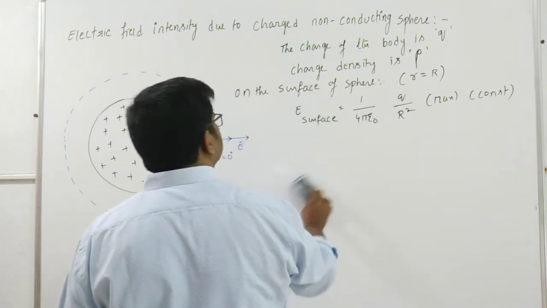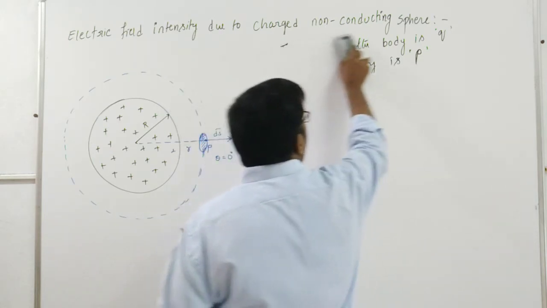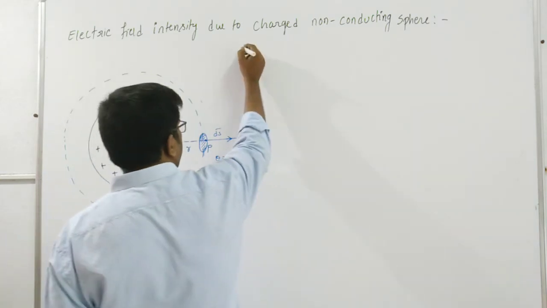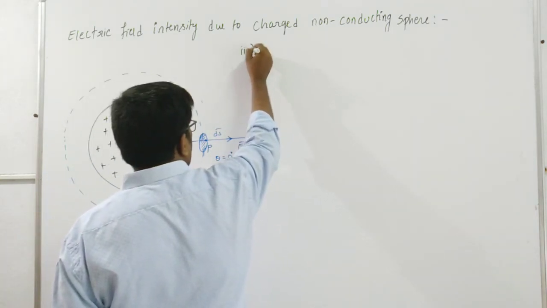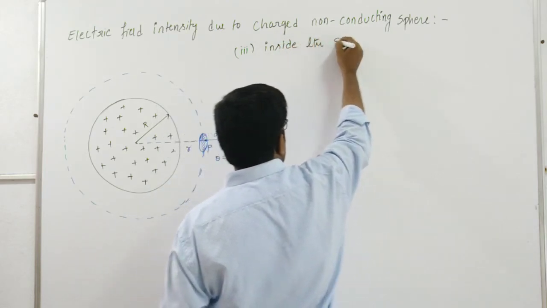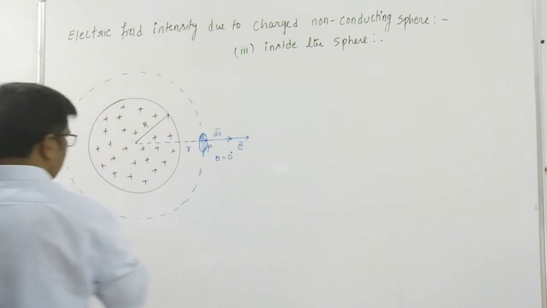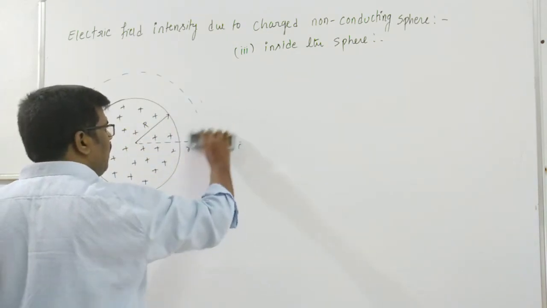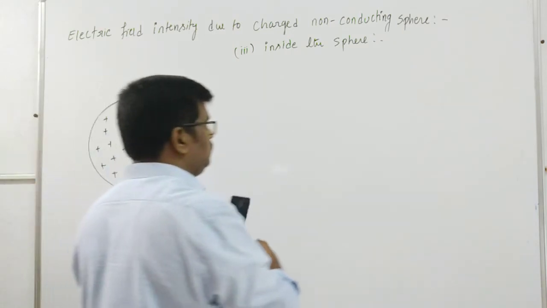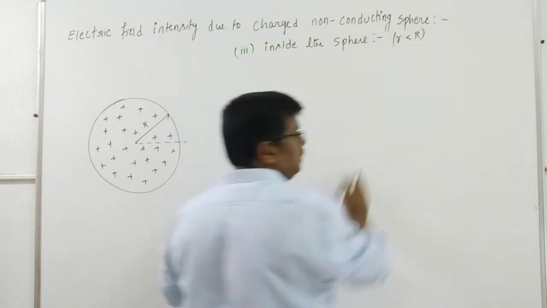The electric field intensity inside the sphere, we are going to take as the third case. Inside the sphere, let us observe the thing. Inside the sphere means r, the distance of the point, is less than capital R.